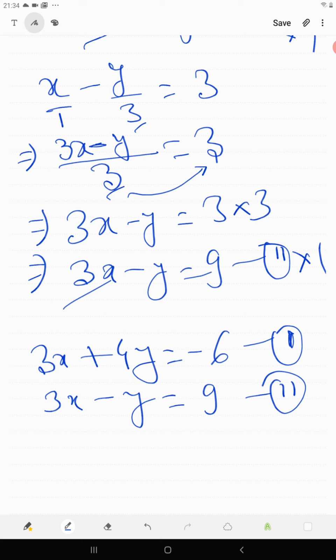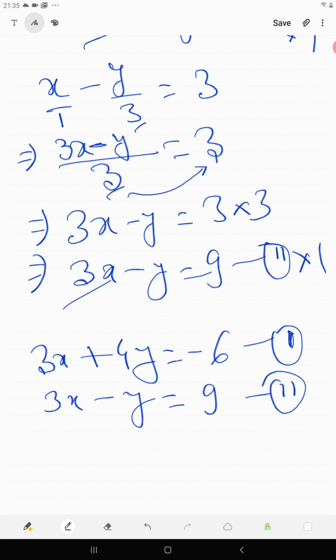Now see, the number associated with x is the same and of the same sign. So we will do subtraction. If the numbers associated with x or y have the same sign, then we will do subtraction. If they are of opposite sign, we will do addition. So here we need to do subtraction. If we are doing subtraction, the sign of all the associated numbers will change.